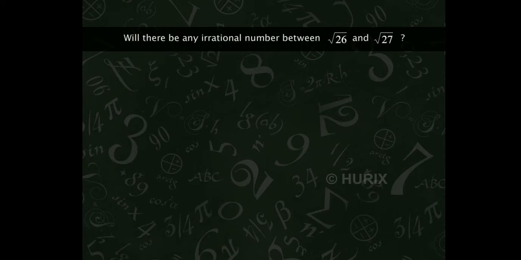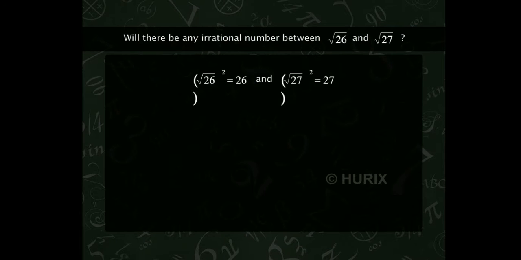Will there be any irrational number between the square root of 26 and the square root of 27? Let us consider the squares of the given numbers. The squares will be 26 and 27 respectively. Thus, the square root of any number lying between 26 and 27 is an irrational number.